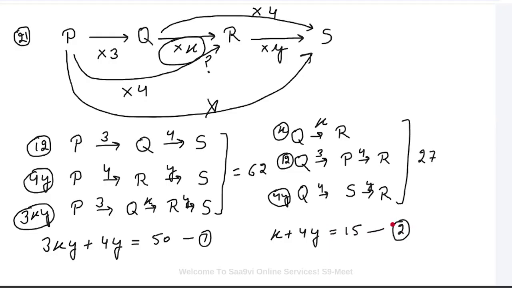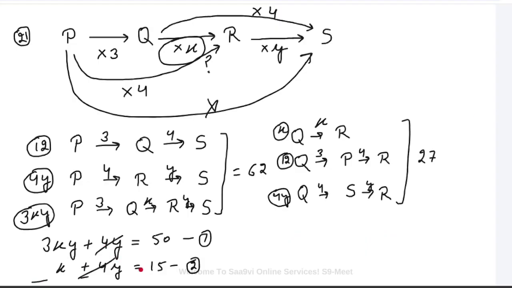Now we have to use elimination or substitution, whatever you want to use. If we subtract equation 2 from equation 1, we get 3XY minus X, with X common, X times 3Y minus 1, is equal to 35.